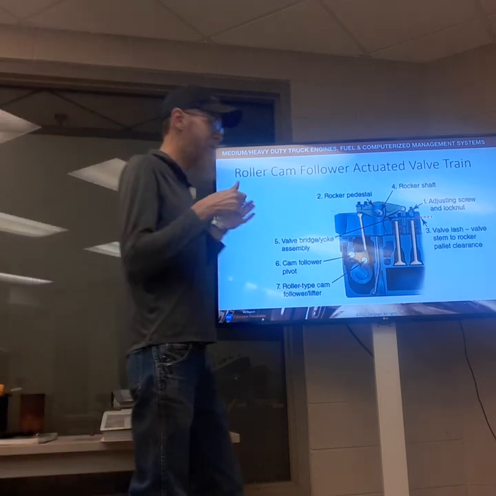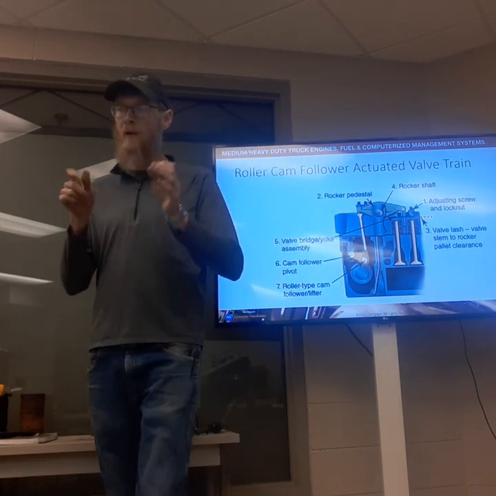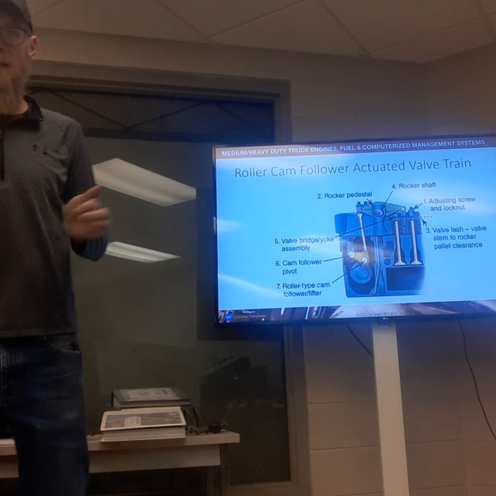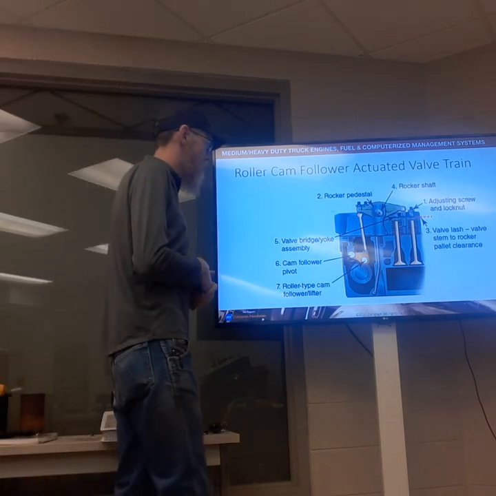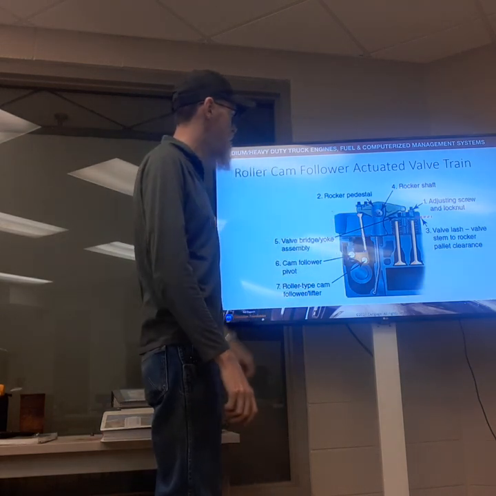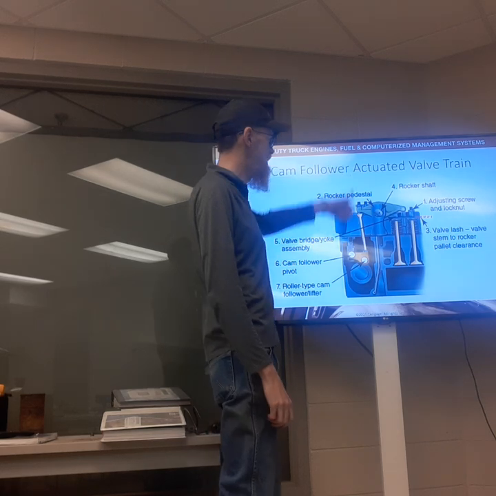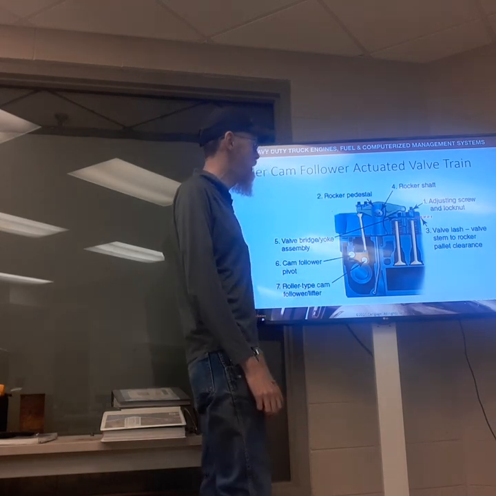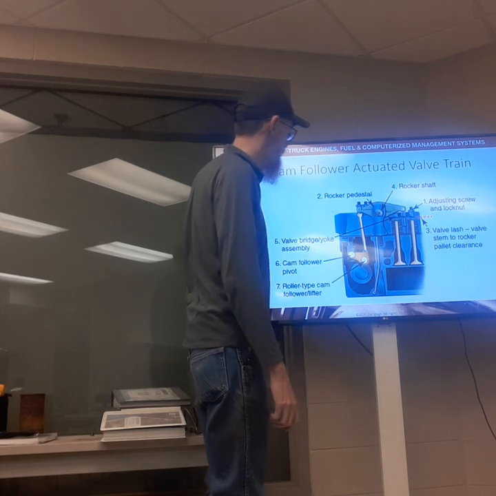I referred to this style valve train in our in-person lecture as a push rod style valve train, in that our camshaft is located down in the engine block, and then we have a push rod that transmits that reciprocating motion up to the top end of the engine in the cylinder head.